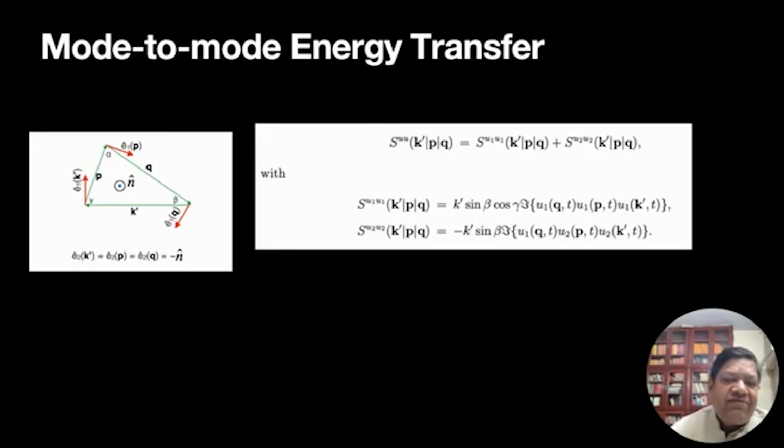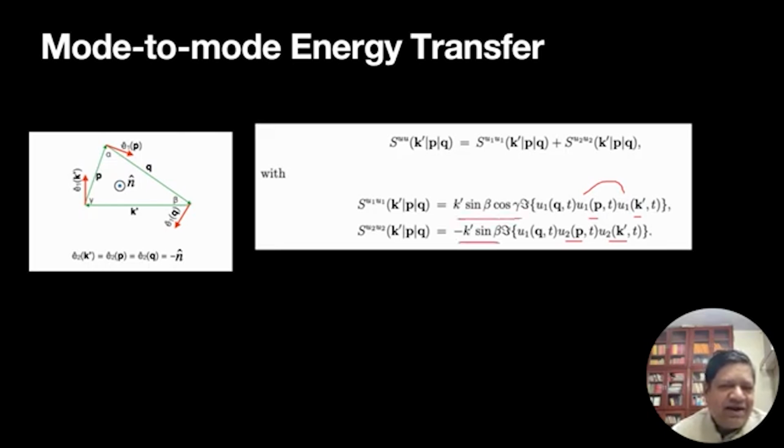I wrote in the previous slide what K prime, P, Q is. If I use the Craya-Herring basis, then I'll have two of them: U1 to U1, energy going from U1 of P to U1 of K prime, and U2 to U2, energy going from U2 of P to U2 of K prime. It's a bit of algebra, but these are the expressions.